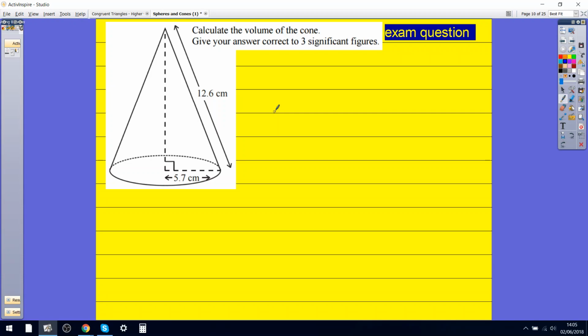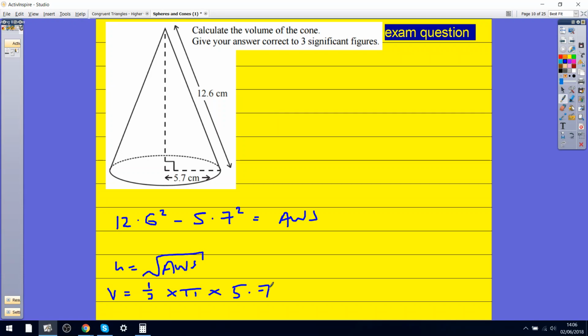Equals answer. And so the height is the square root of that answer. And then, yeah, so volume is 1/3 times pi times 5.7 squared times that one. Okay.